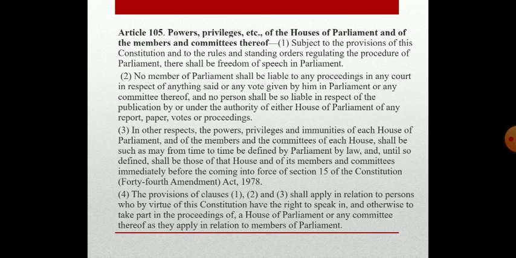Now we also need to understand what these powers, privileges and immunities are. These are the same as will be defined by the Parliament from time to time, and until they are defined, they will be the same as provided before the coming into force of the 44th Amendment Act.